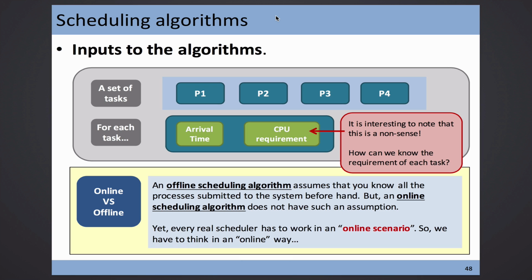Later on, you may want to ask me what NP-hard is. It means that we need an exponential amount of time in order to find an optimal solution. So we are not looking for the optimal solution, because the scheduler has to design something very fast.